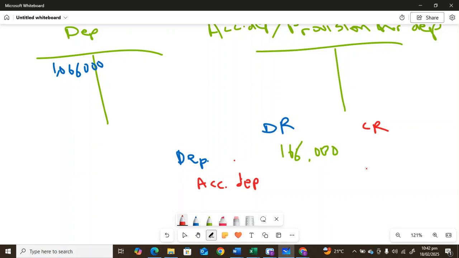So here I have to put 166,000. So we're going to also credit accumulated depreciation 166,000.